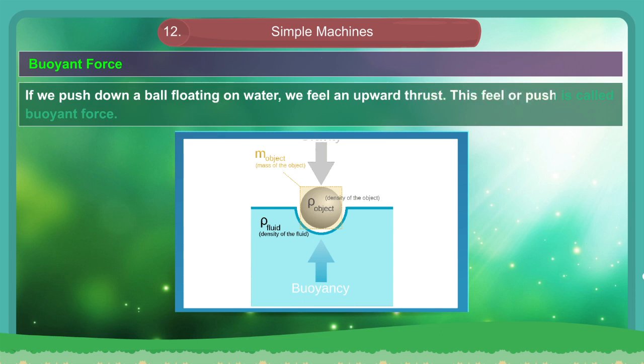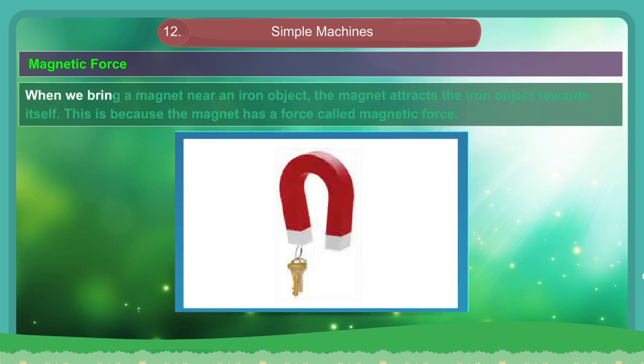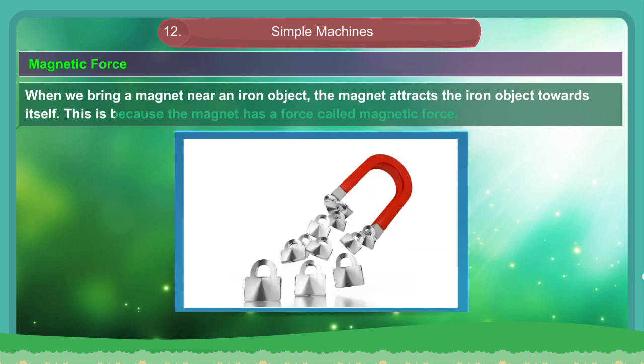This push is called buoyant force. Magnetic force. When we bring a magnet near an iron object, the magnet attracts the iron object towards itself. This is because the magnet has a force called magnetic force.